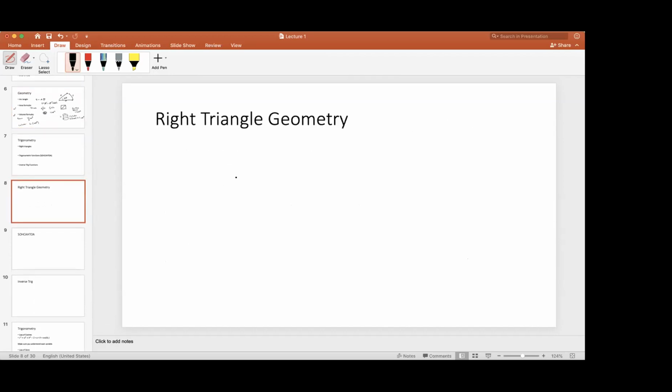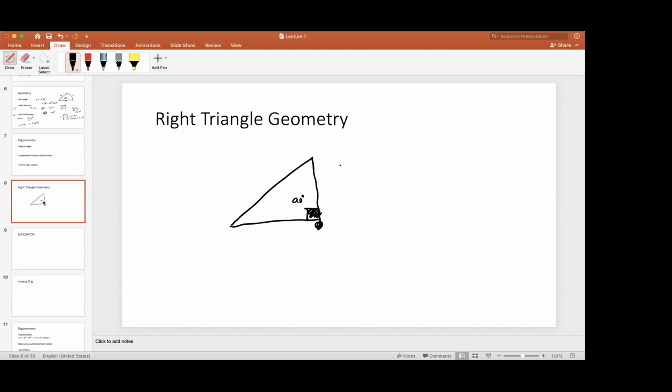So, right triangle geometry. A right triangle is a triangle that has a 90-degree angle, and we denote that with a square here. That means that this angle is 90 degrees.